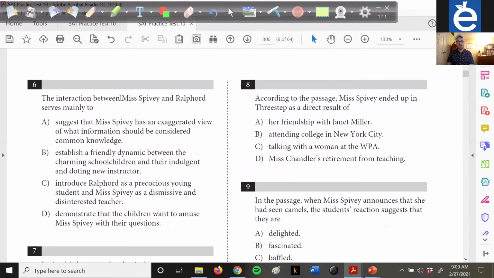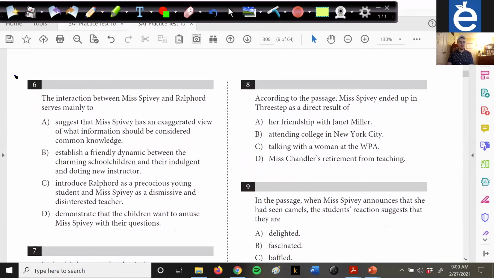The interaction between Miss Spivey and Ralford serves mainly to... okay, well, that seems like sort of a broad question because we're talking about one interaction and what it serves the passage overall. But it is sort of a line question because we're being asked about one particular portion. So I would still call this broad, but keep in mind that there's a focus on one particular interaction.